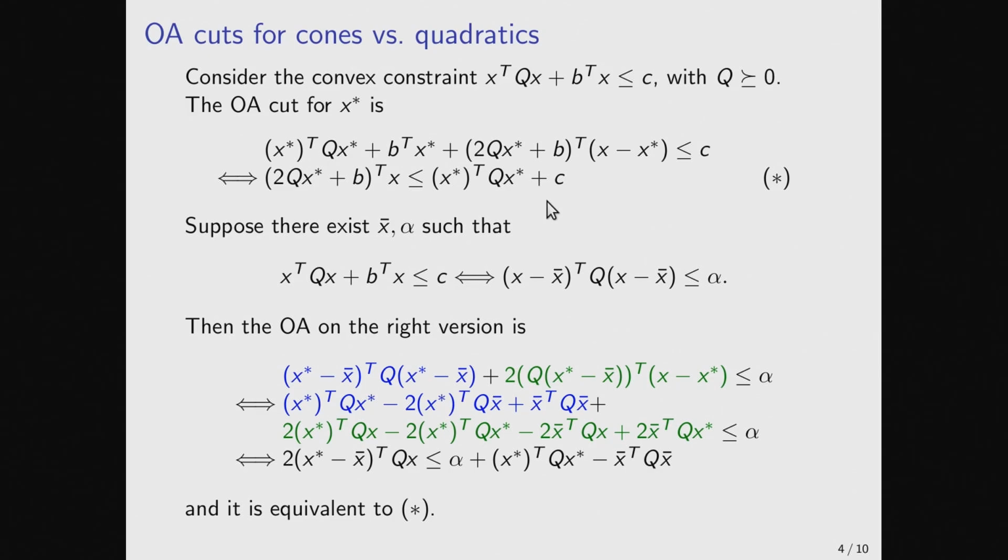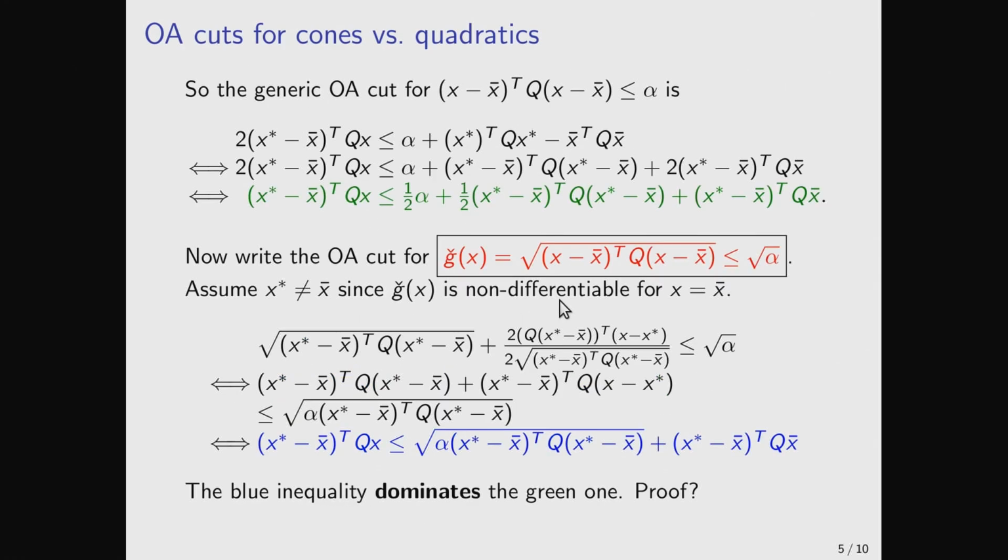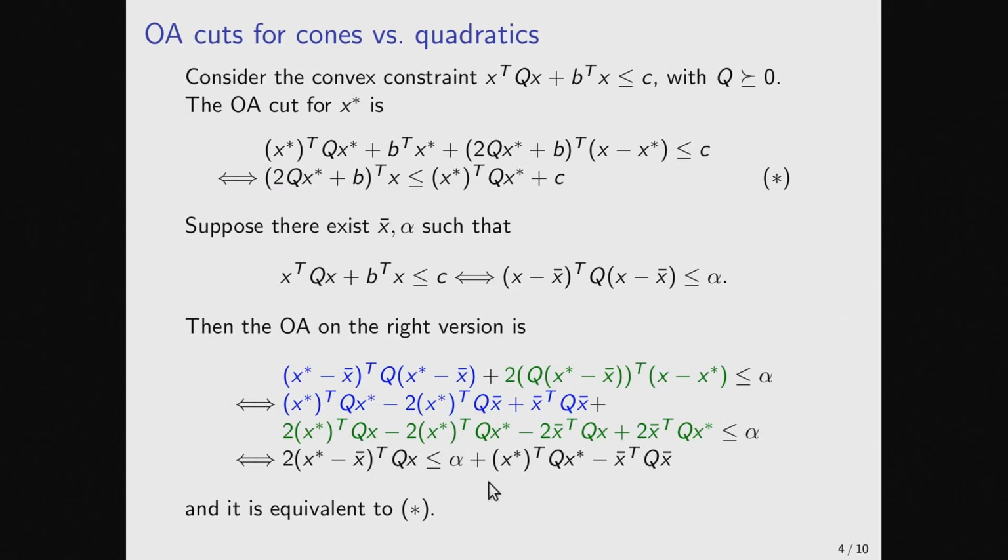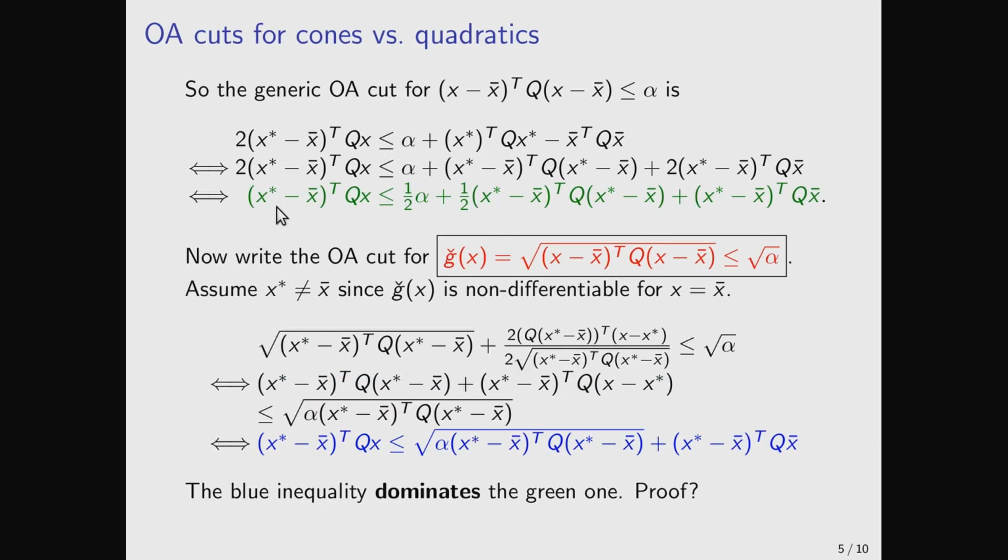So we didn't do anything here. We just wasted time trying to find x bar and alpha. Now, since we already wasted the time, let's suppose that there exist actually x bar and alpha, which don't always exist necessarily. So if you continue doing this, you're going to get this form of the outer approximation cut. So this is the outer approximation cut, which you find by using x bar and alpha instead of the original coefficients. Now do the same trick we did there.